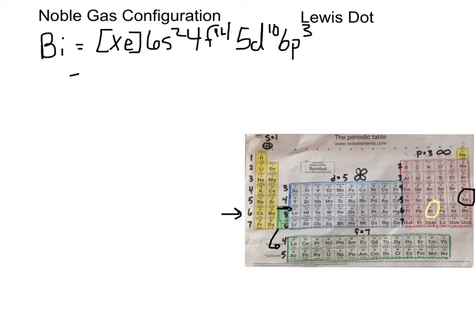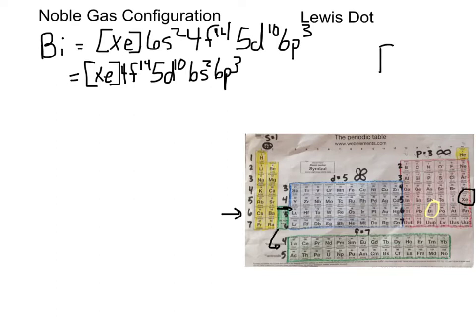Noble gas configuration says you have to rearrange it according to shell, or how much you added each shell. So we'd rearrange that, and it would be Xe, 4f14, 5d10, 6s2, and 6p3.